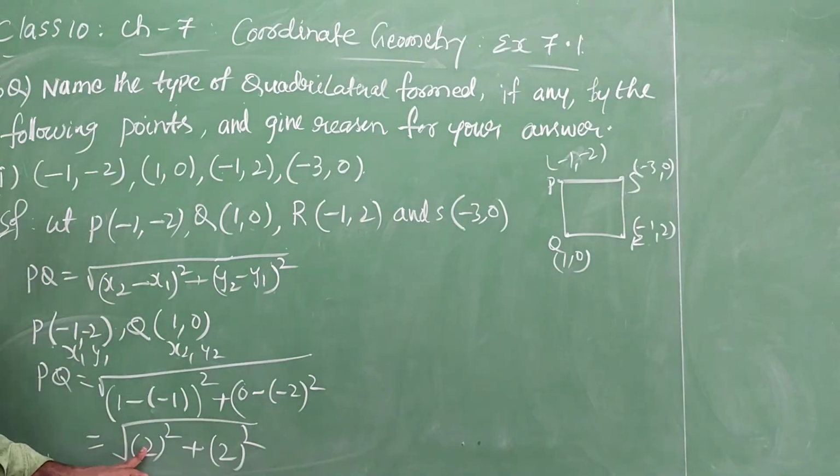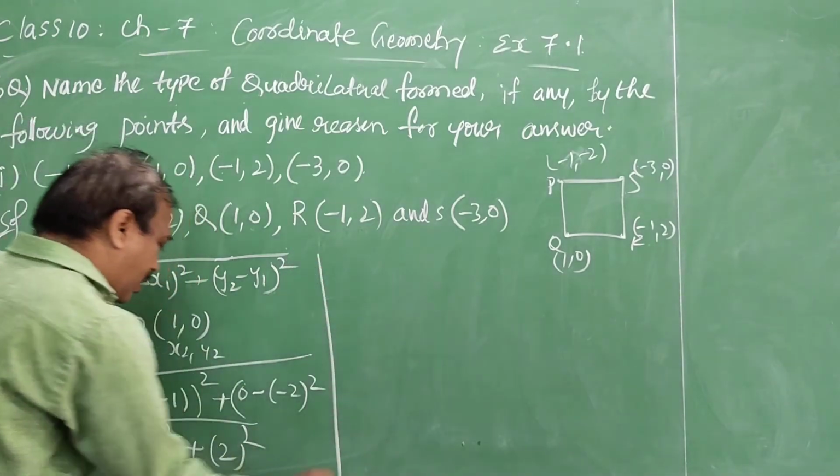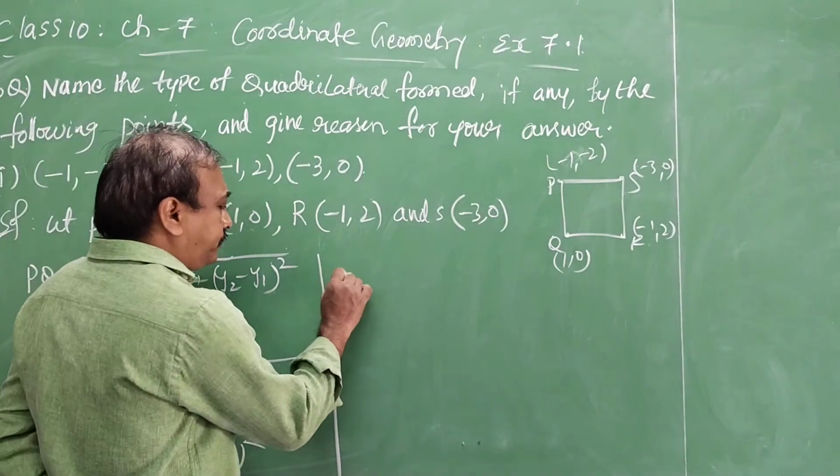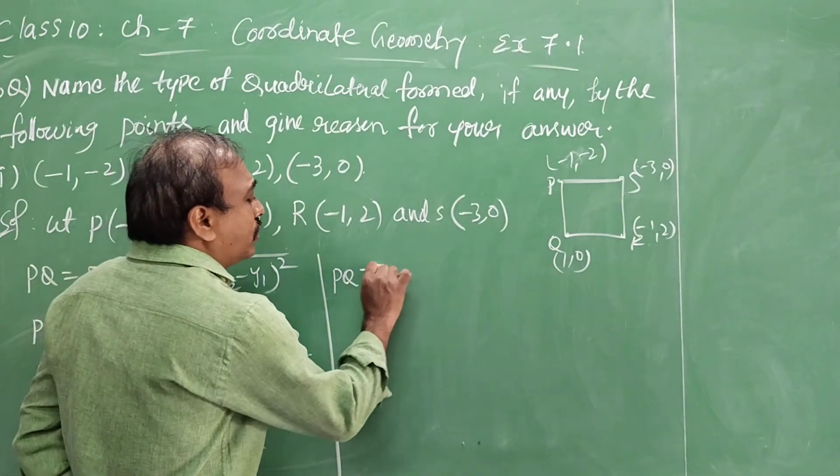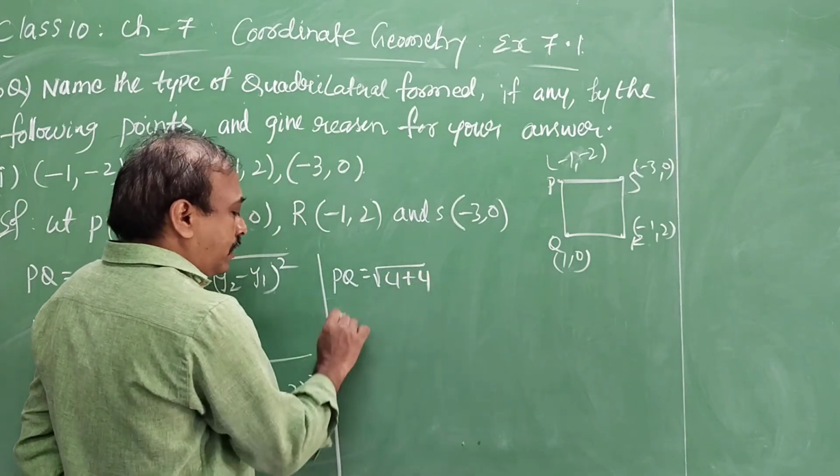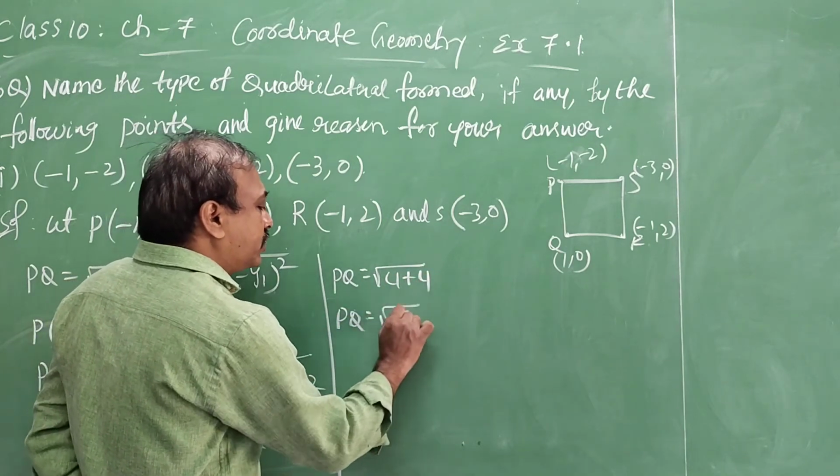So 2 square is 4 and 2 square is 4. So PQ is equal to root of 4 plus 4. PQ is equal to root 8.